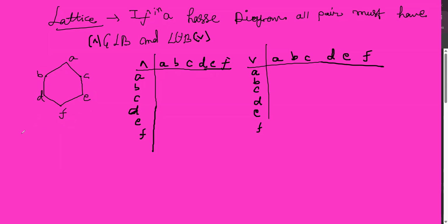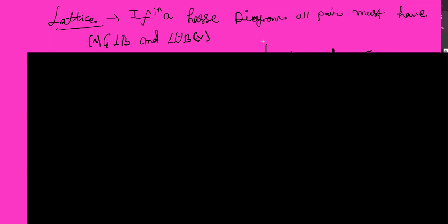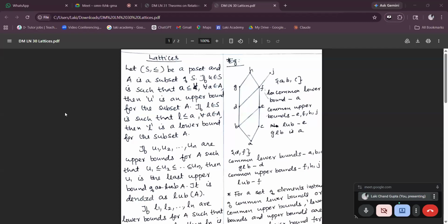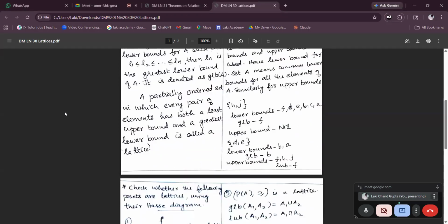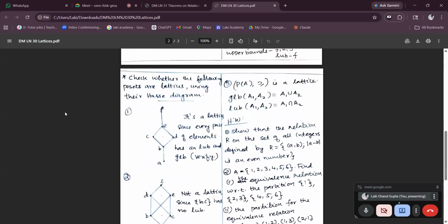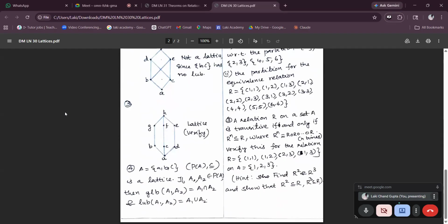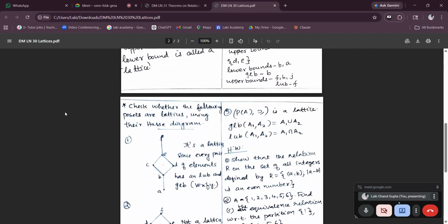Okay. See. First I tell you a simple question. Then how can you check for every pair?